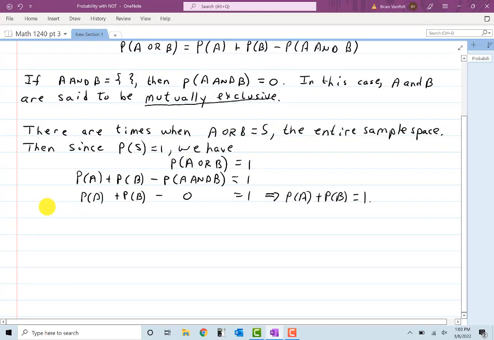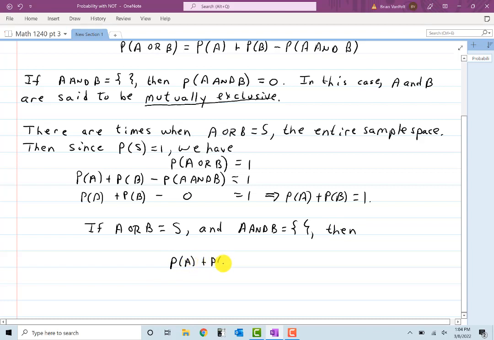Well, this is very interesting now. Let me write this down concisely. If A or B equals the entire sample space, and A and B equals the empty set, then the probability of A plus the probability of B equals 1.